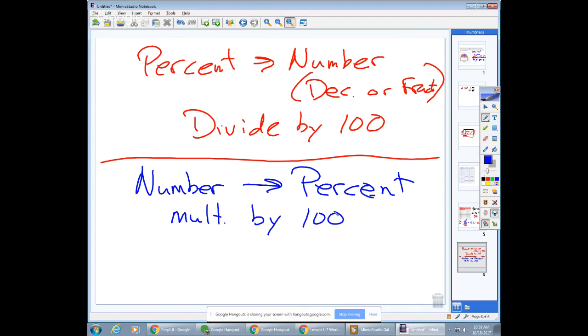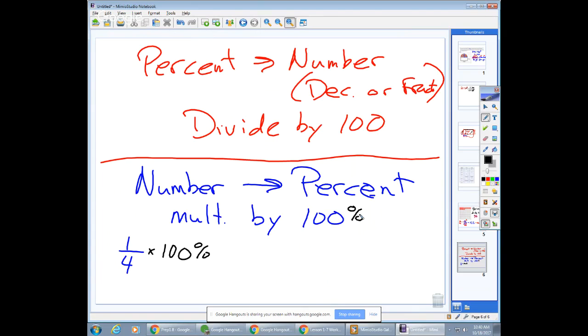Okay. So let's take a number we're all pretty familiar with. We all know the number 1/4 very thoroughly. Okay. So if I wanted to take the number 1/4 and change it to a percent, all I would do is multiply it by 100%. That's the other trick there. We're not just multiplying by 100, we're multiplying by 100%. 2 options.